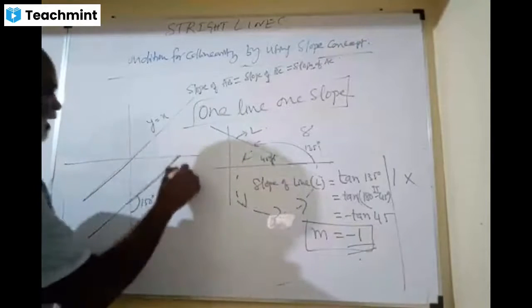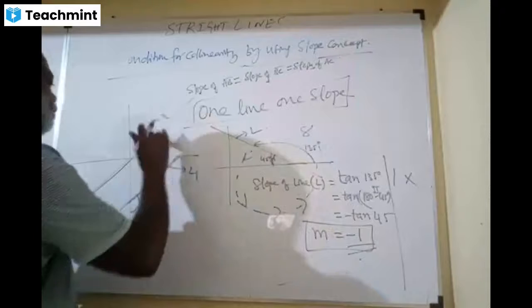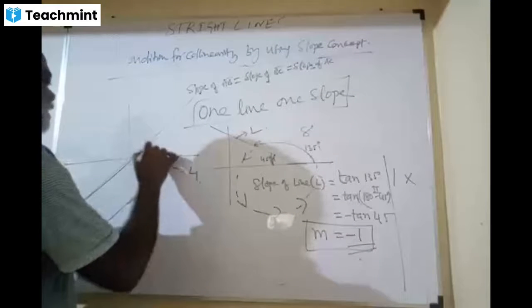This is called line 1 and this is called line 2. This is making 45 degrees.